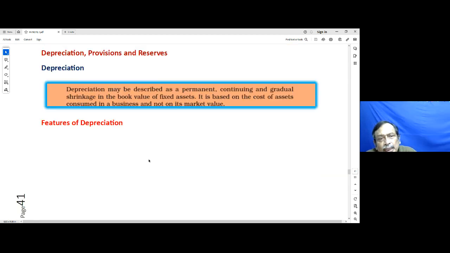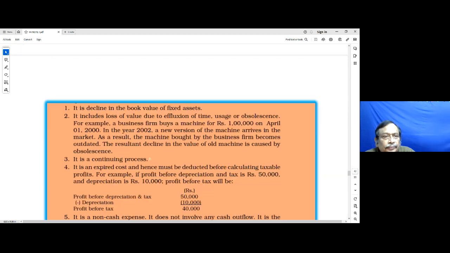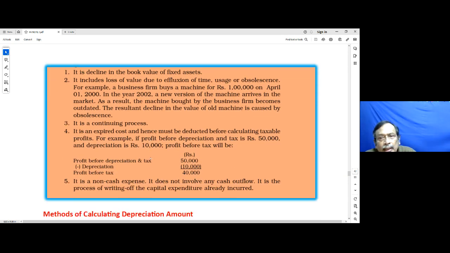Now, features of depreciation we are discussing. Number one, it is a decline in the book value of fixed assets. It includes loss of value due to change of time, usage or obsolescence.